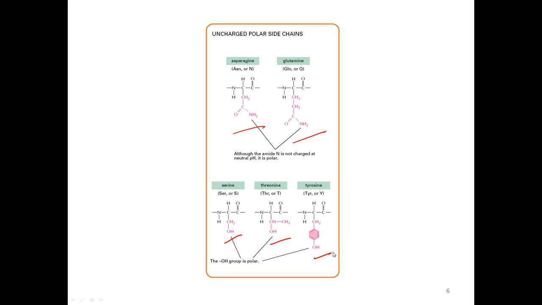These also tend to be exposed towards the aqueous solvent. These will not be buried inside the hydrophobic interior of proteins. These three amino acids with their hydroxyl groups can all be phosphorylated, and that will play a major role in cell signaling. We'll see those.